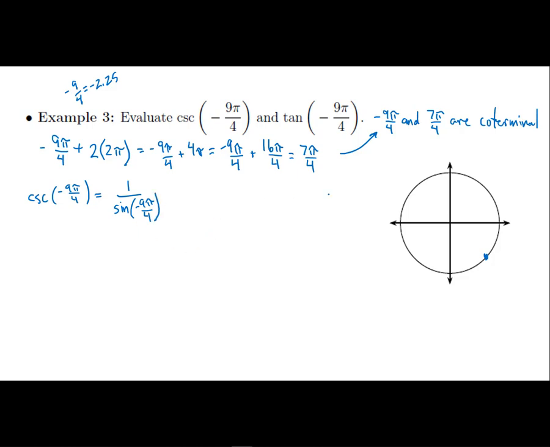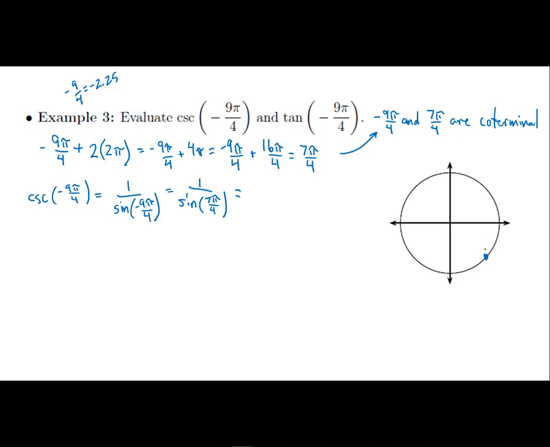But then also, because negative 9 pi over 4 and 7 pi over 4 are coterminal, I can also say that this is the sine of 7 pi over 4. Okay, so the sine of 7 pi over 4, what's that?